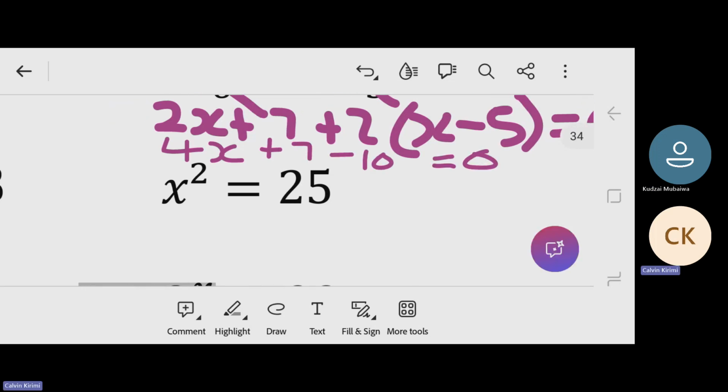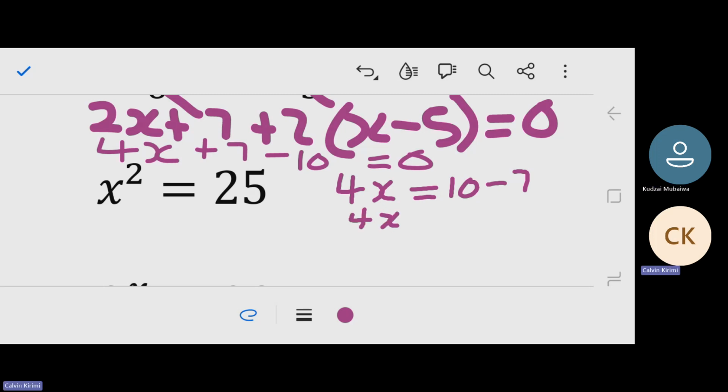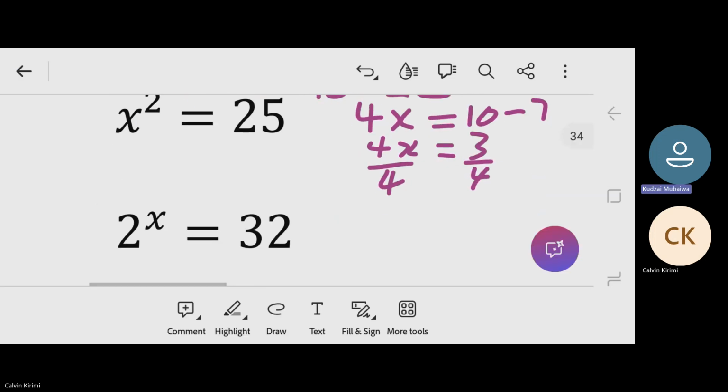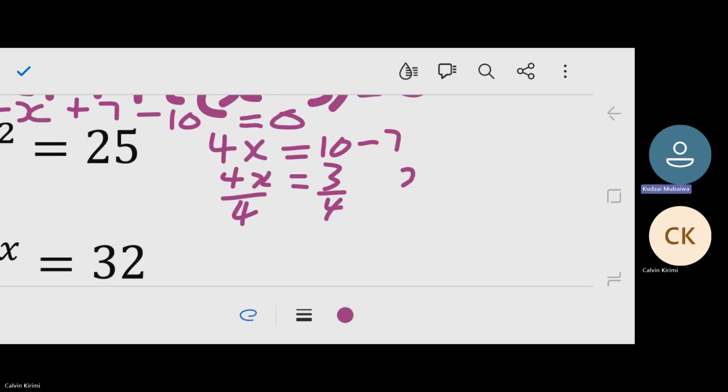That is the other 2x, which is this one. Just join. Yes, sir. So 4x is equal to 10 minus 7 on the other side. 4x equals 3, which means x is equal to what? X will be equal to 3 over 4, isn't it? Yes, sir.